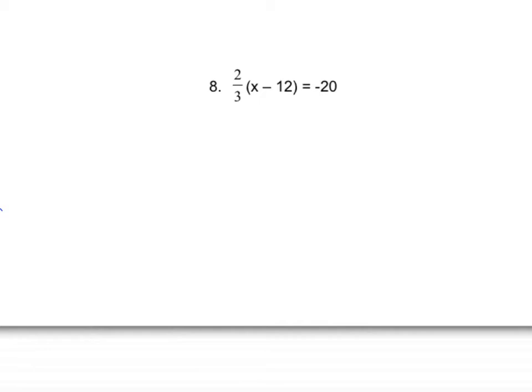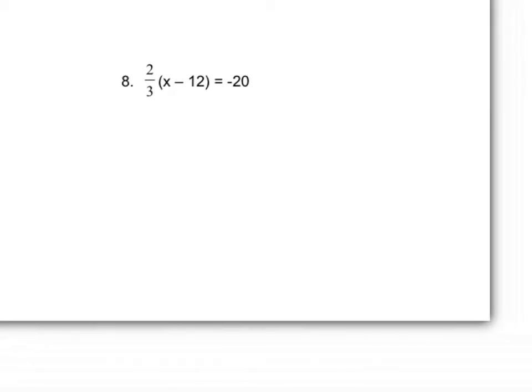Okay, number 8. We're going to distribute a fraction in this one. So I'm going to take 2/3 and distribute it to each of these terms. 2/3 times x is going to be 2/3 x, right? Because the coefficient, or the number in front of x, is 1. So 2/3 of 1 is 2/3.